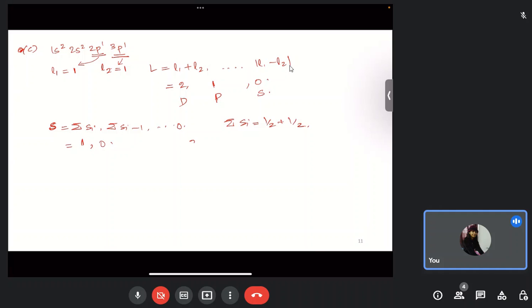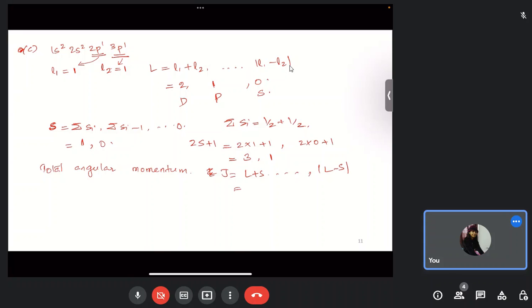The multiplicity 2S plus 1 can be 3 and 1. And the total angular momentum J can have values from L plus S to the absolute value of L minus S.